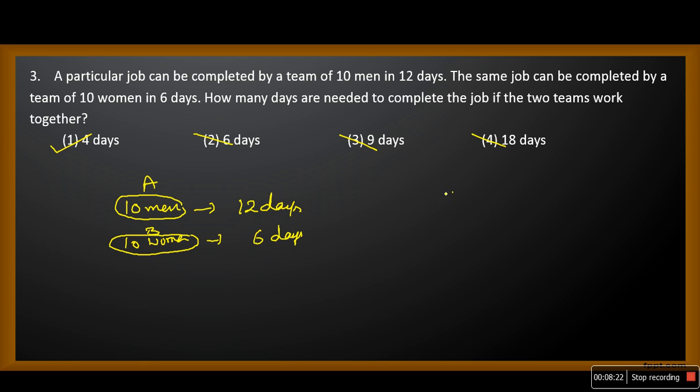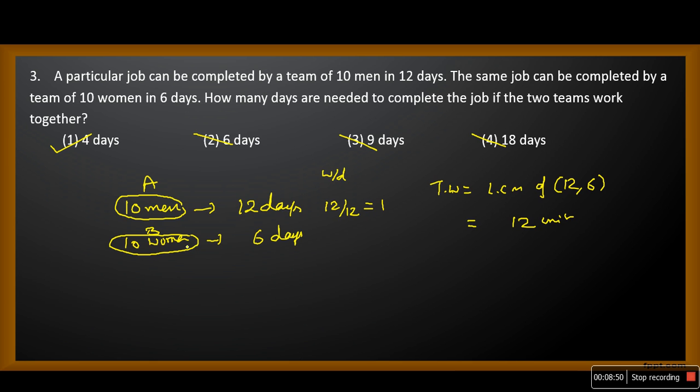Assume the total work. See here, A can do the work in 12 days, B can do the work in 6 days. Assume the total work as LCM of 12 and 6, that equals 12 units. Now work done per day: if A takes 12 days to complete 12 units, A will do 12 by 12, which is 1 unit per day.